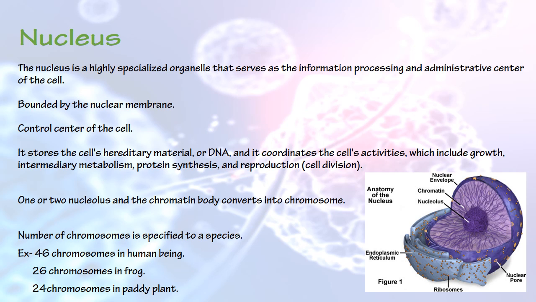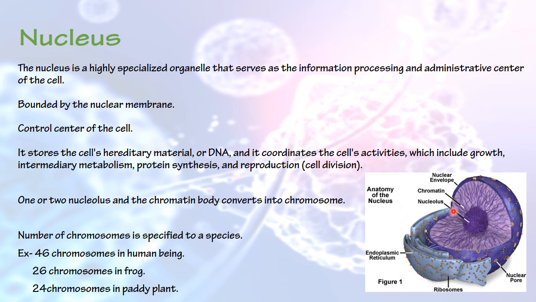And the nucleus is membrane bounded, especially it is a double membrane bounded structure. Control center of the cell. It stores hereditary material DNA. It coordinates growth, intermediate metabolism, protein synthesis and reproduction.